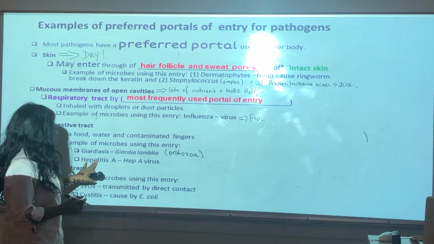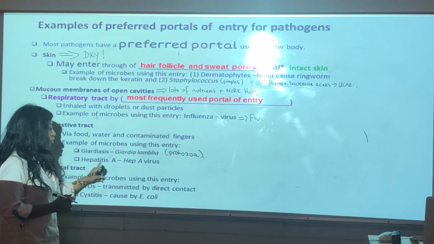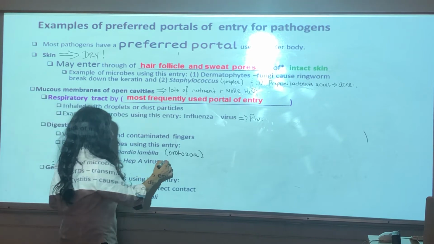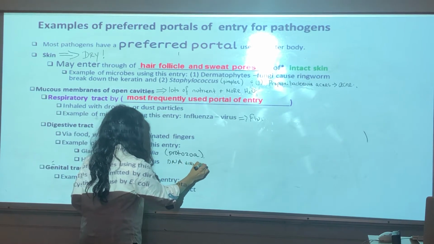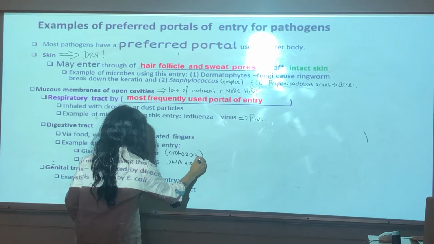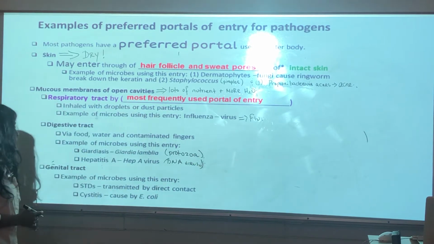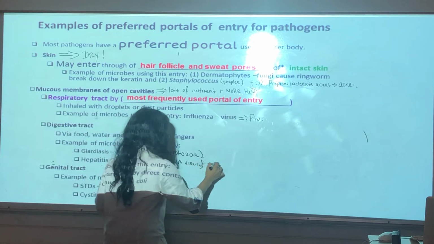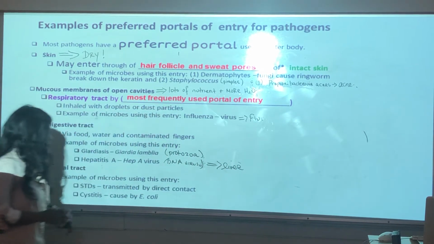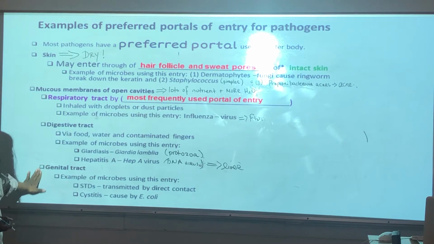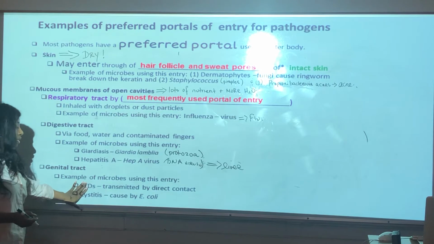Hepatitis A virus, this is in chapter 13, right, which is one of your DNA viruses. Right, so this is a DNA virus, and this organism can infect, in this case, mostly the liver. Right, hepatitis viruses infect the liver. And the mucous membranes of the genital tract are often used by STDs.